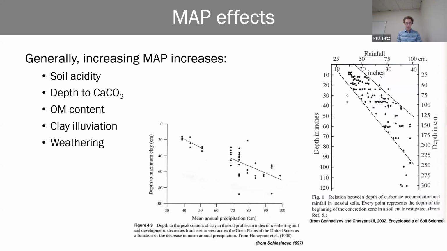And then also weathering, the amount of mineral interactions. If you are trying to break down maybe hard bedrock into sand, silt, and clay to form soil, it helps to have water to speed that process along. So we have those carbonate and clay illuviation figures there.